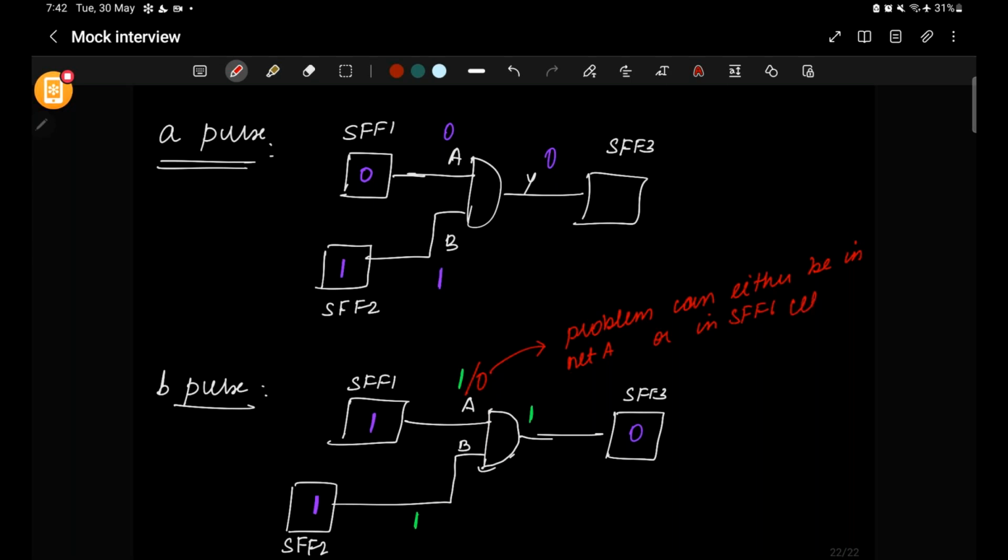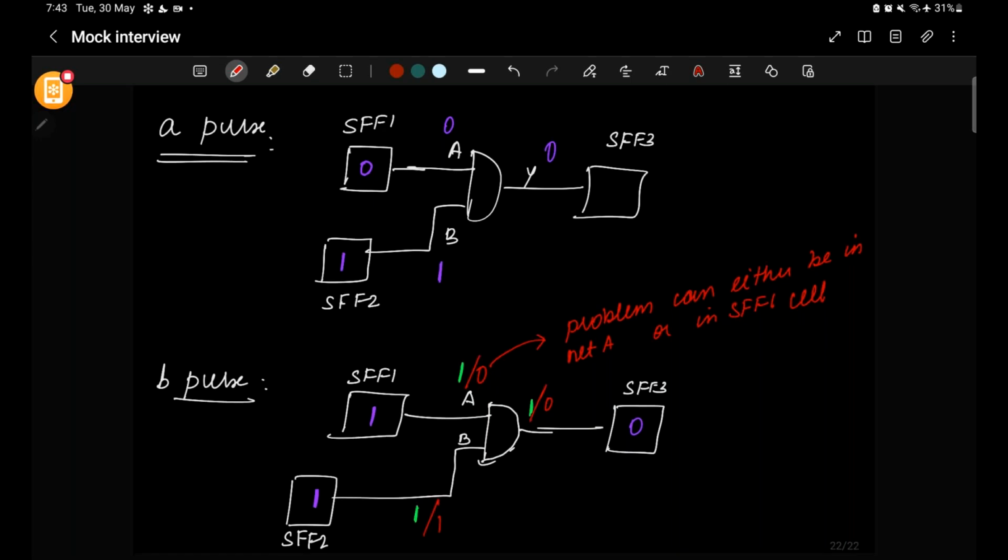Because of that, this net hasn't got transitioned to 1, so it is retaining its previous value 0. So the faulty value will be 0, and the good value will be 1.